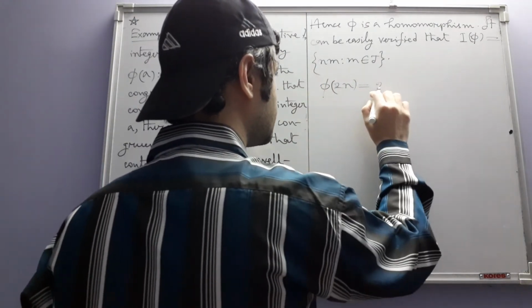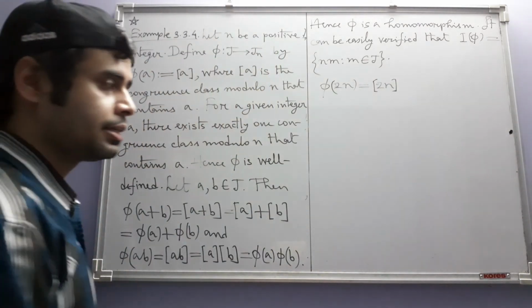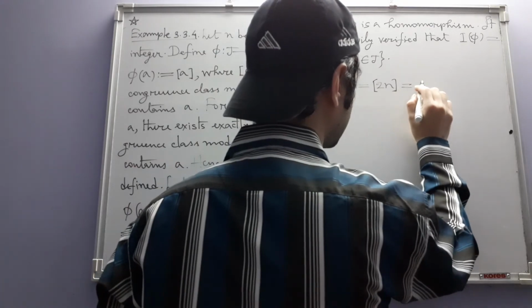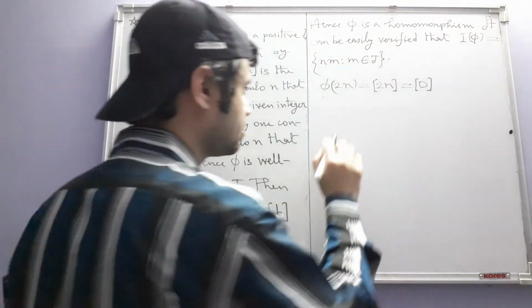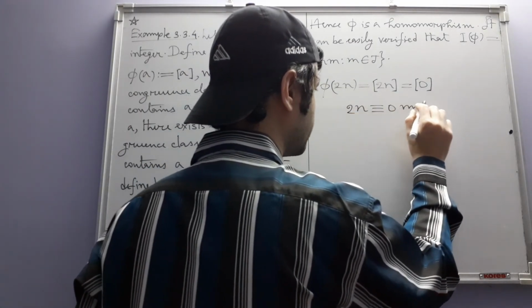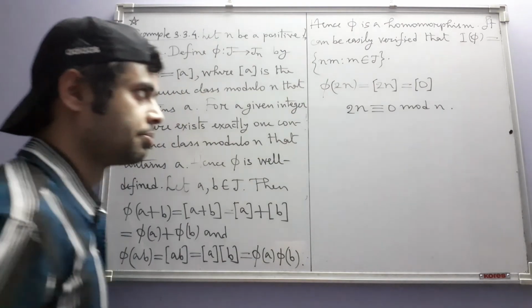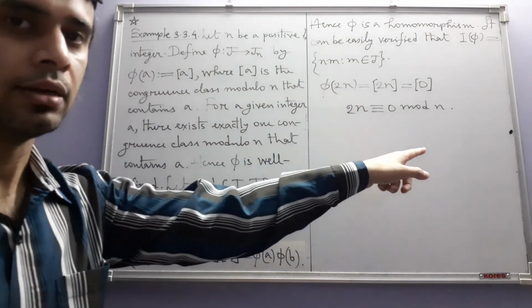Phi of 2n is the congruence class containing 2n, but that is also equal to the congruence class containing 0. Why? Because 2n is congruent to 0 mod n.